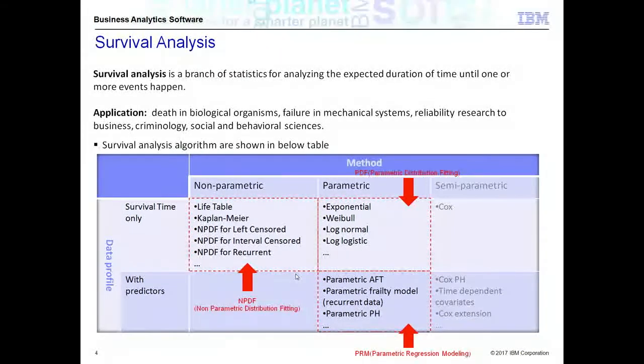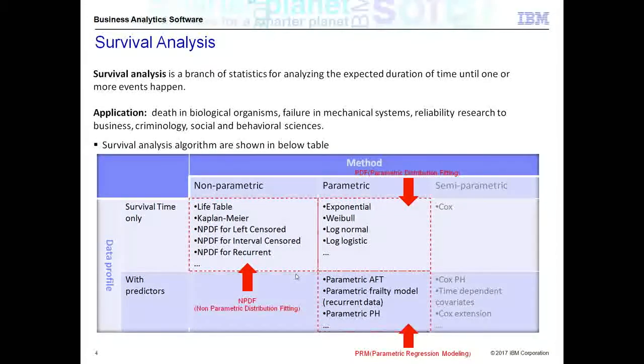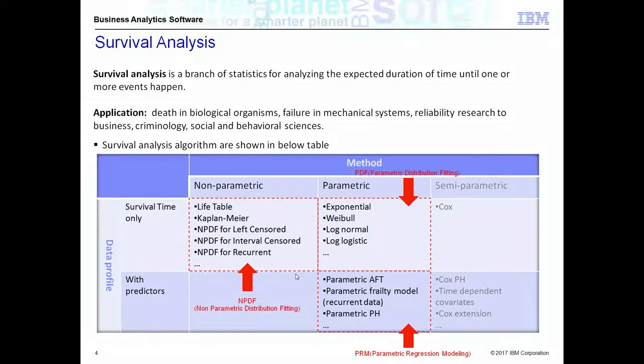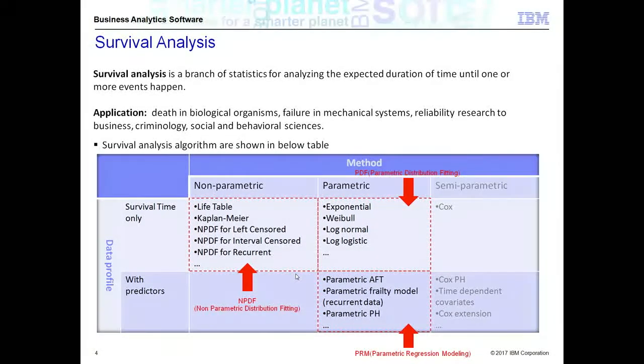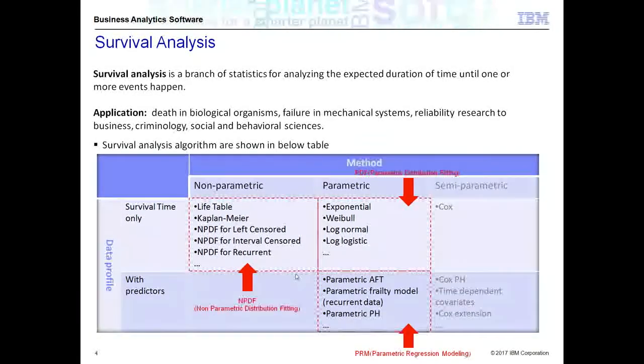We call it NPDF. For parametric survival analysis without predictors, we have parametric distribution fitting, we call it PDF. And for parametric survival analysis with predictors, we have parametric regression modeling, we call it PRM.